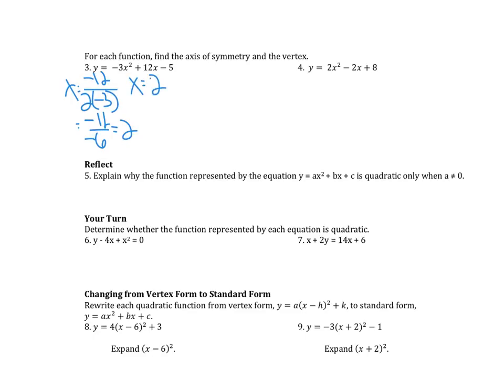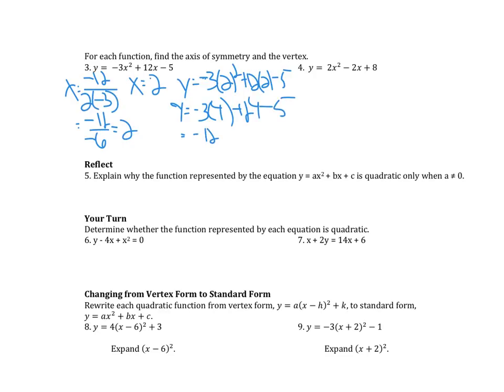And then to find our vertex, we're going to substitute that value in, and we get negative 3, 2 squared, plus 12 times 2 minus 5. Simplifying here, we get negative 3 times 4, plus 24 minus 5.